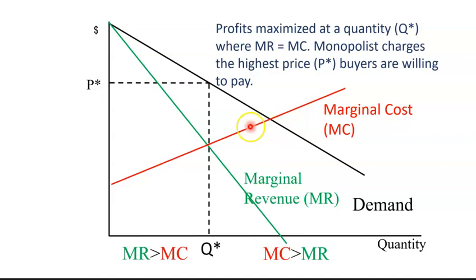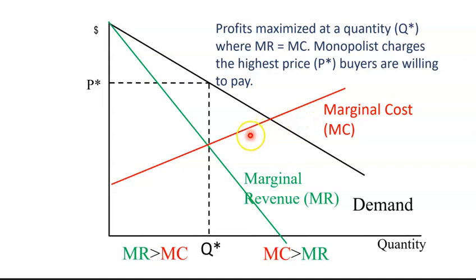I could have just as easily drawn a picture where marginal costs were constant instead of increasing. Wouldn't make any difference. But let's just go with this, so that I'm not deviating too much from what's in the text.